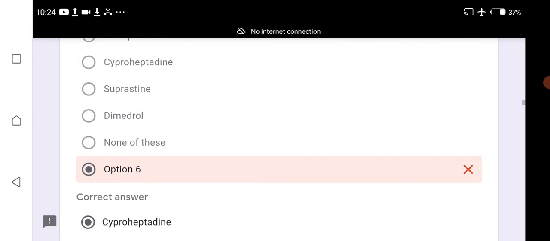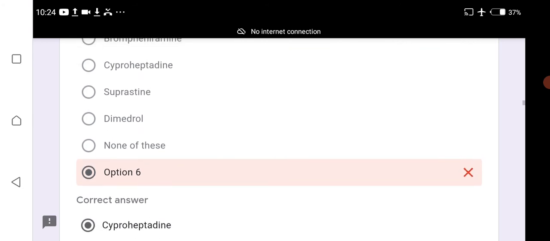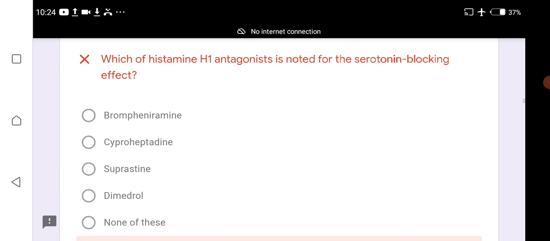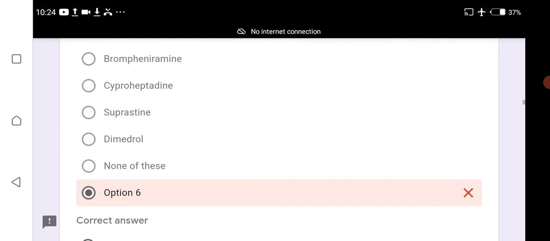Cyproheptadine. Cyproheptadine is a histamine H1 antagonist that is noted for serotonin blocking effect.